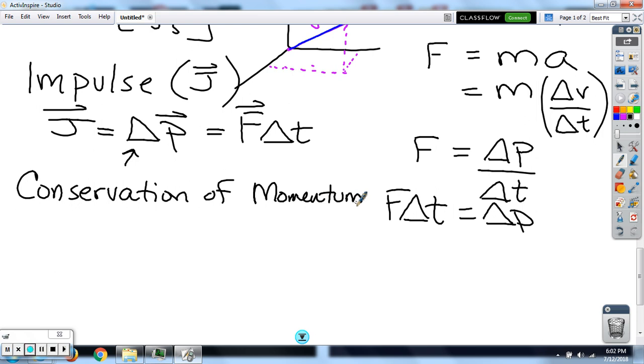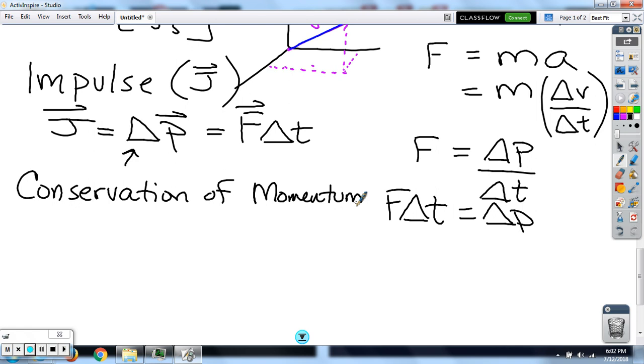In most practical applications of physics today, physicists often concern themselves more with quantities that they know are conserved. All right? So momentum is one of those quantities that is always conserved between two objects. We'll get more into detail with that later.